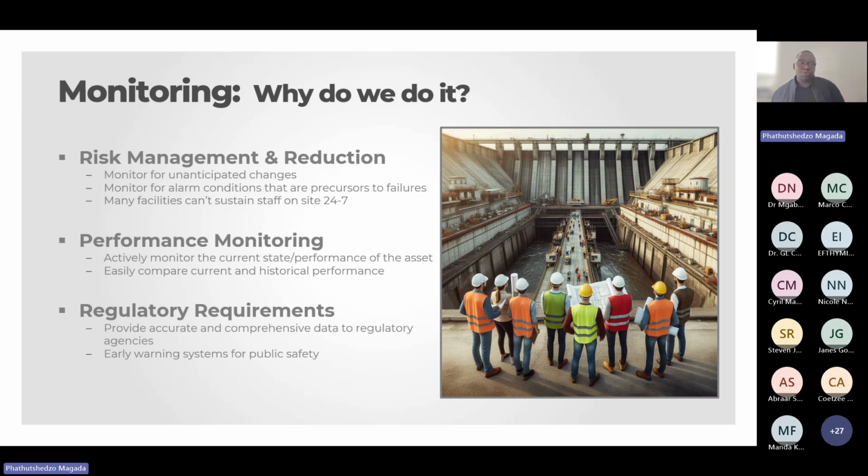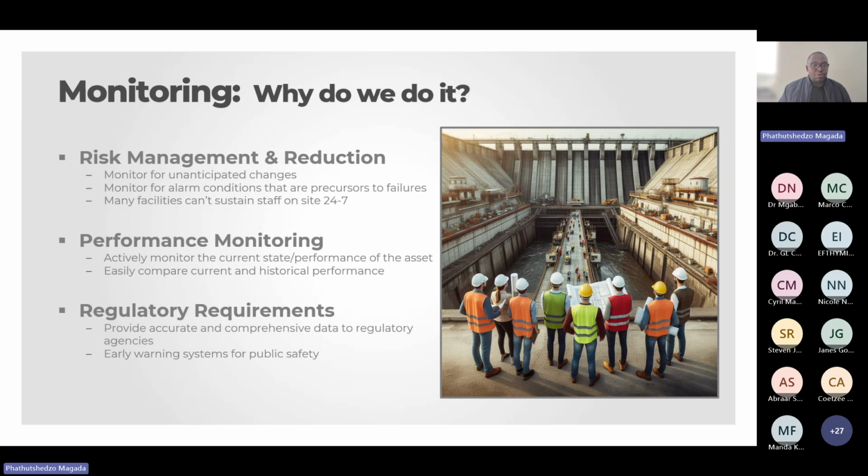And when we do that, we're able to compare the current data that we have versus the historical data. And by so doing, we can see if there are any changes in terms of structural failure, or if the structure is still intact.